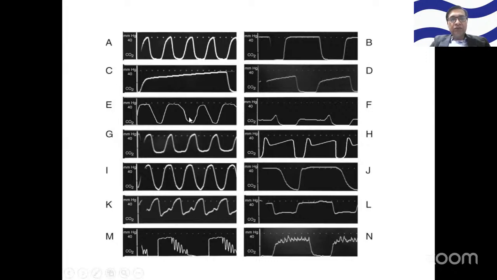And today I'm going to take up clinical case scenarios which have actually happened or been created in my OR, with various kinds of different waveforms which you'll be seeing. And from those waveforms, can we reach the diagnosis of what was happening to the patient?